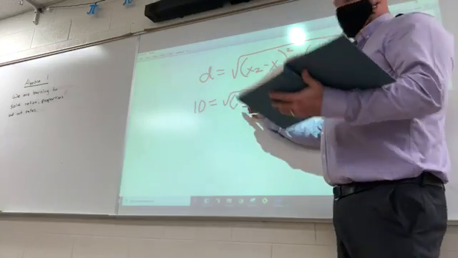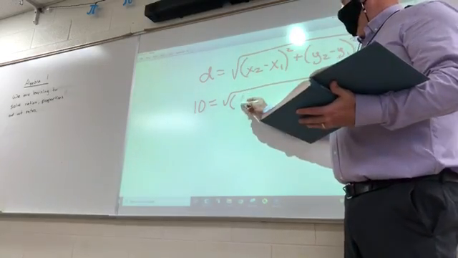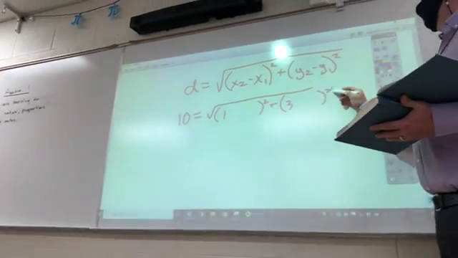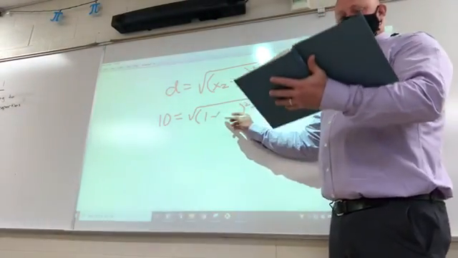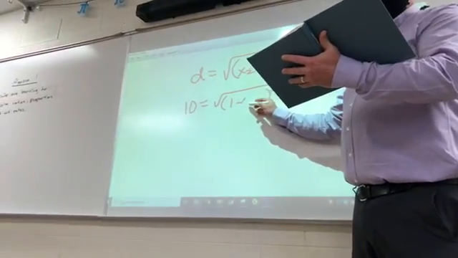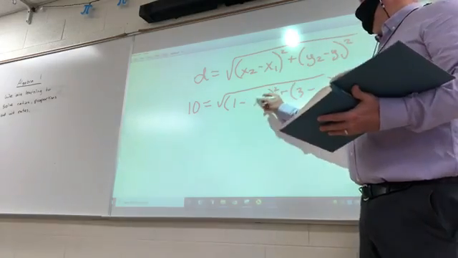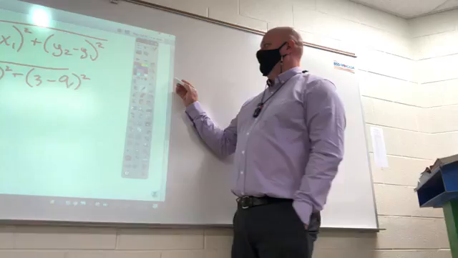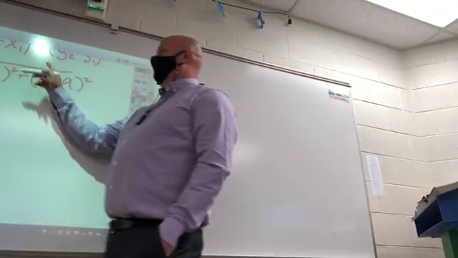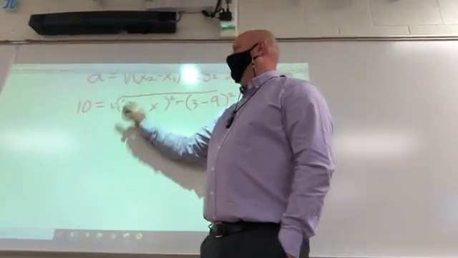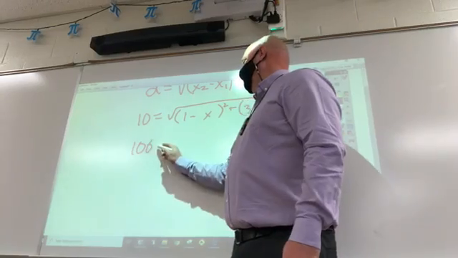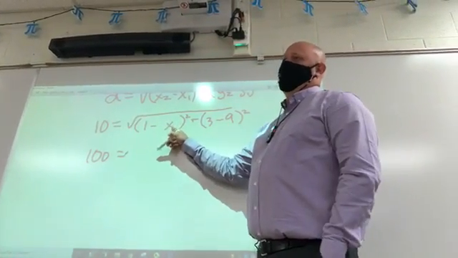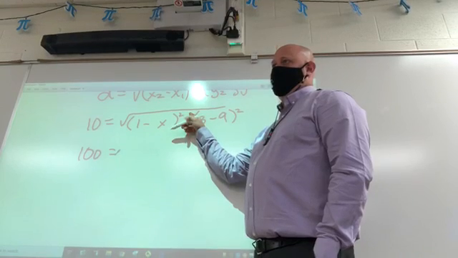Okay, what's the first point? 1 and 3, right? And what's the second point? X and 9. Okay, how would I solve that? So I would square both sides, right? Get rid of the square root. So that's just going to be 100 over there. Equals, what am I going to have to do with this 1 minus x squared?